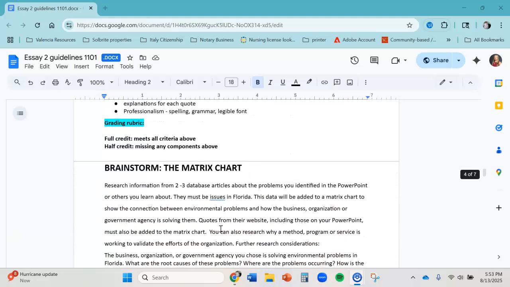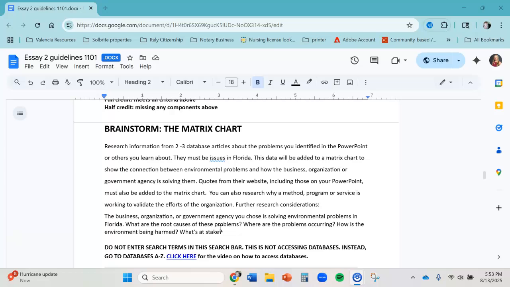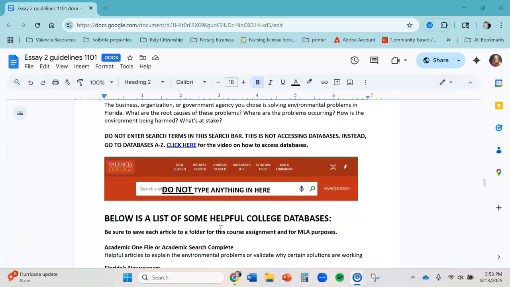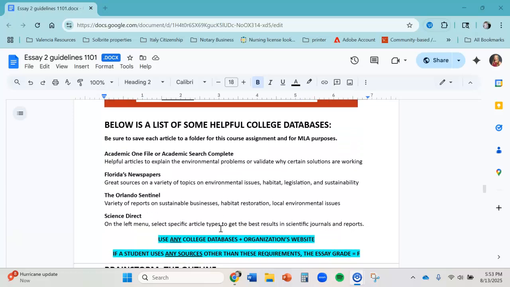After we make our PowerPoint on the website of your choice, it's time to move forward in the research, creating a matrix chart where you take information from what you put in the PowerPoint and you add further research from 2 to 3 college database articles. So now we're really blossoming with the research, gathering more data, and I teach you some helpful databases that will help you with finding out what the environmental problems are that Florida is facing, that this agency or organization is solving.